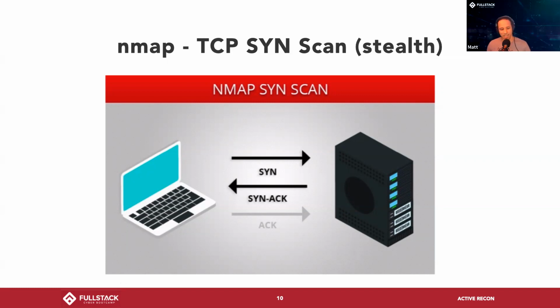We've sent a SYN packet to the machine. We've received the SYN acknowledgement. We just don't send the acknowledgement. So this is how this scan will work. It'll go to the IP address, knock on that port number, send a SYN, receive the SYN acknowledgement, just never send the acknowledgement back. We're just going to leave that server hanging. Which one of these scans do you think is faster?